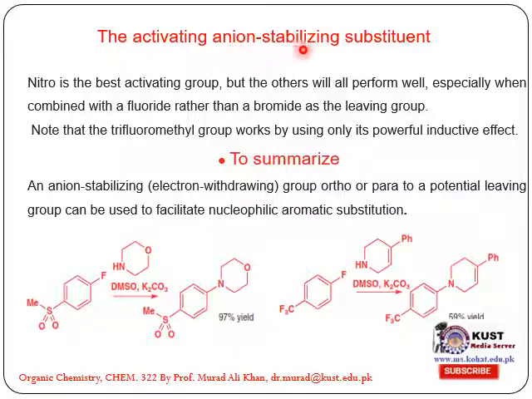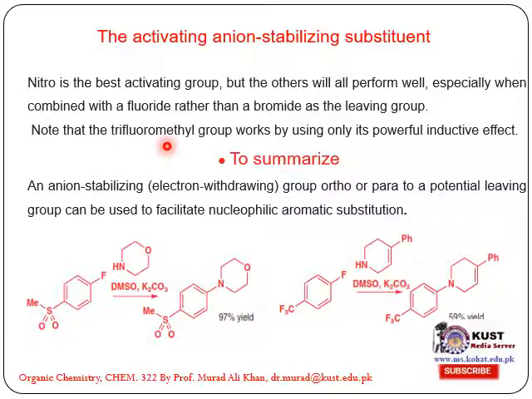The activating anion stabilizing substituent. Nitro is the best activating group, but the others will perform well, especially when combined with a fluoride rather than a bromide as the leaving group. As we have earlier discussed, fluoride is stabilizing the ring due to its higher electronegativity.